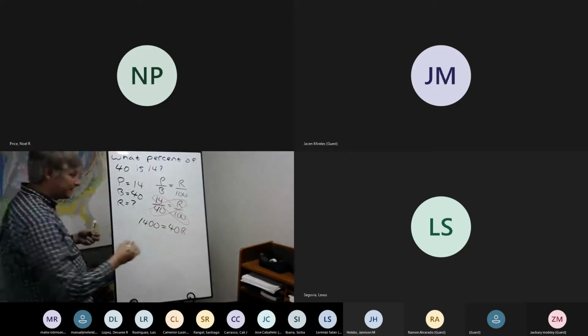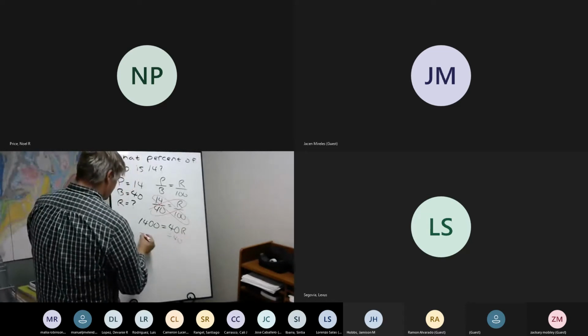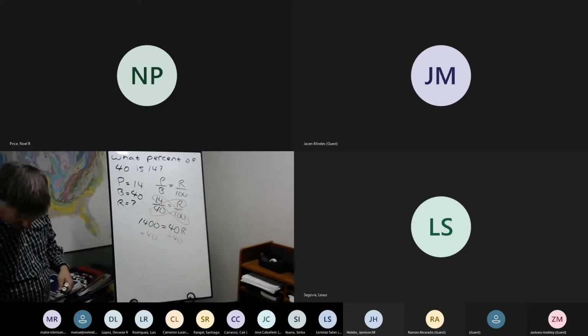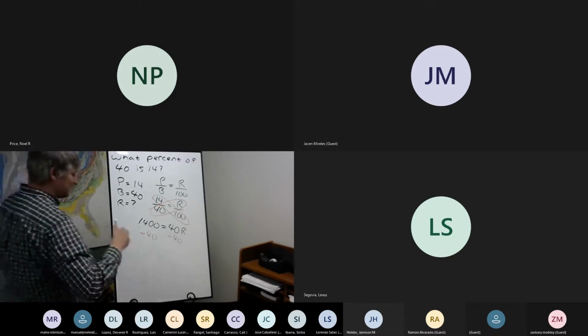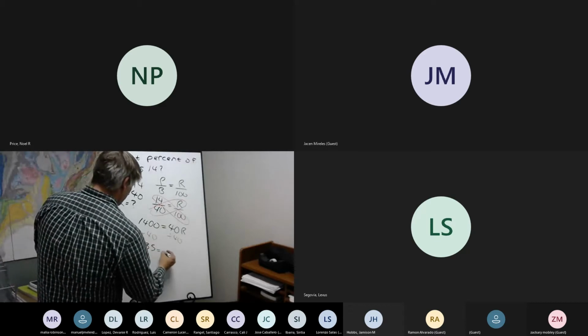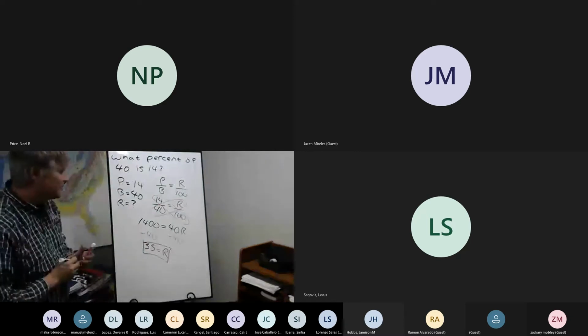Divide both sides by 40. We get R is 35.